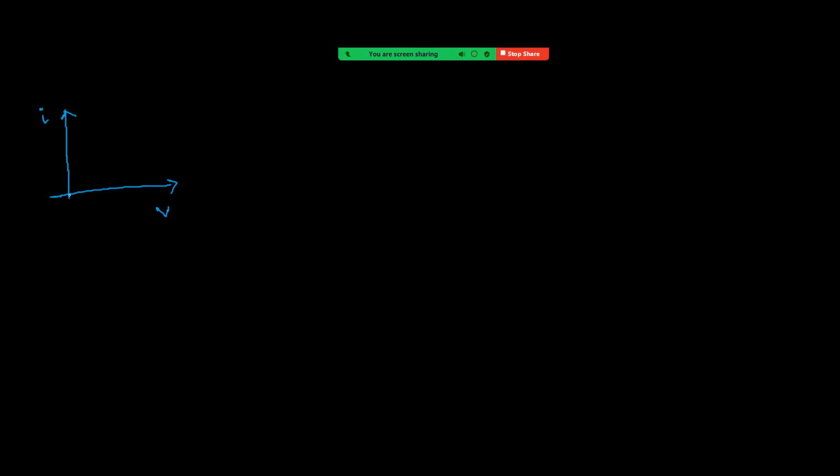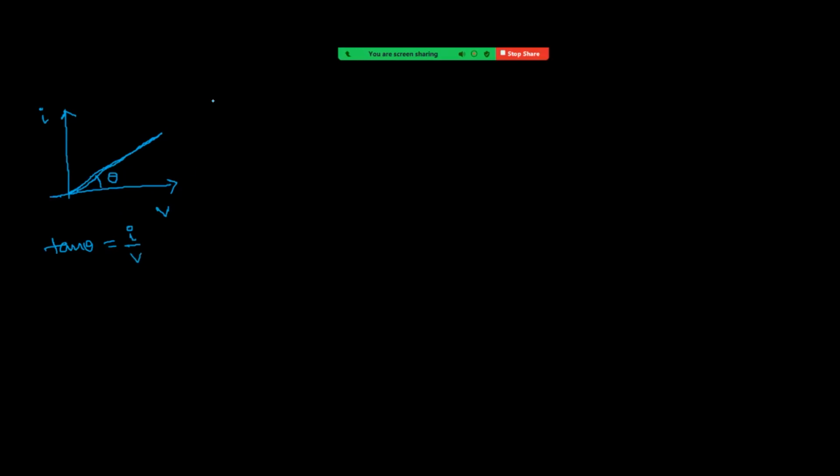Suppose the graph is given like this, passing through the origin. It is a straight line making angle theta with the horizontal axis. You can see here the slope. Slope is tan theta, which is equal to I by V.